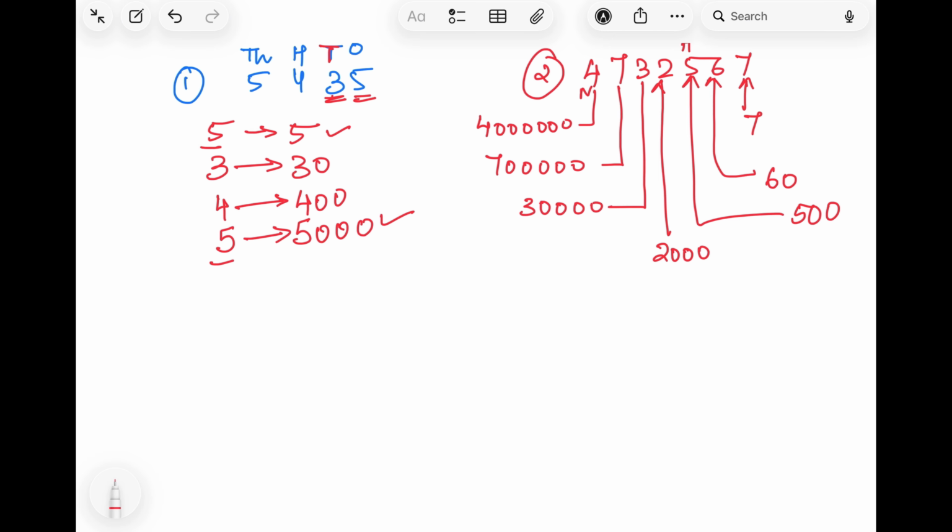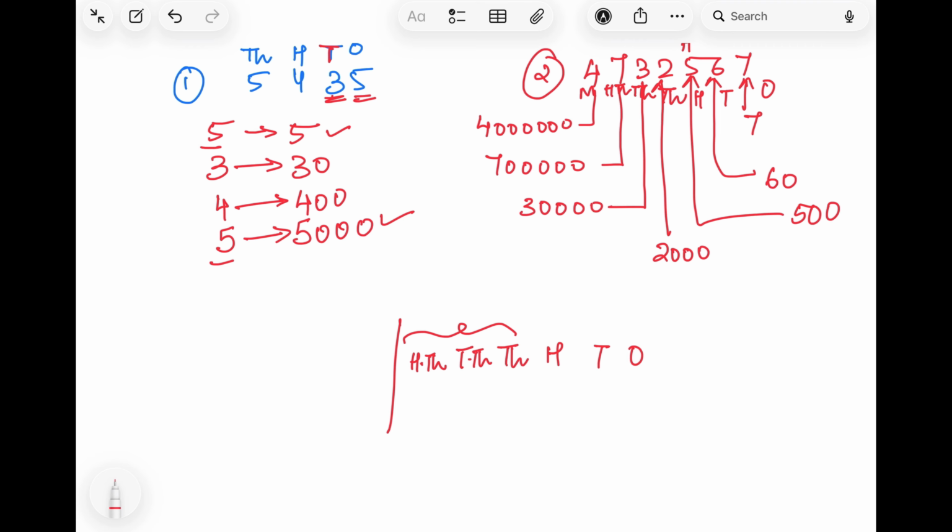So this is million, 100,000, 10,000, thousand, hundreds, tens and ones. The place value goes like ones, tens, hundreds, thousand, 10,000, 100,000. These three are for thousand.